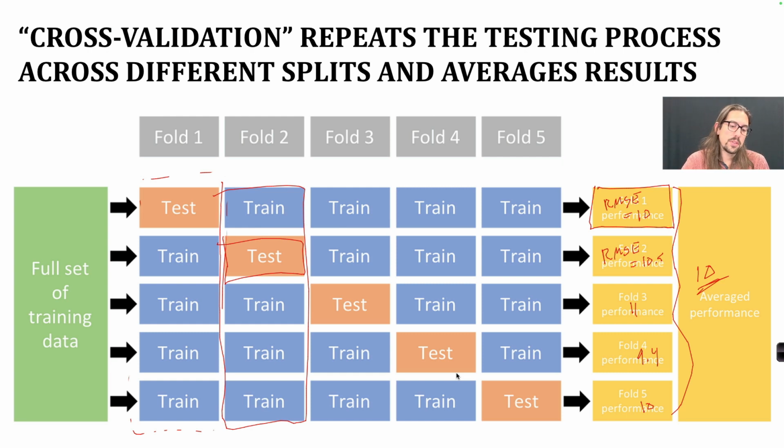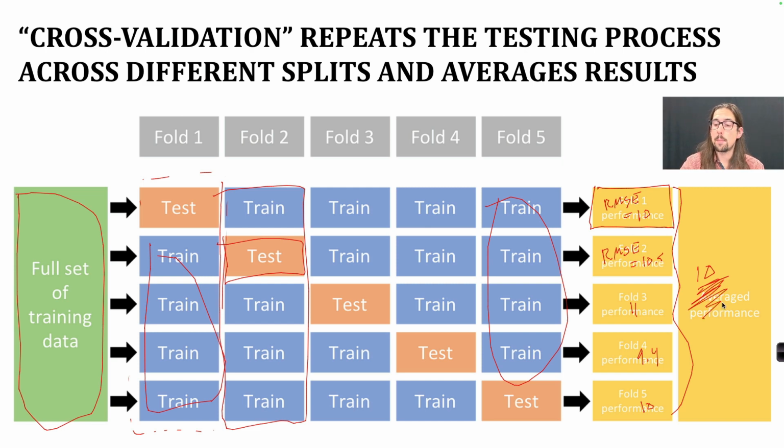Of course, the thing is that here you actually have 5 different models, right? Again with linear regression, you might imagine this is one set of coefficients that you get when you use this training data. Here you have a different set of coefficients. Here a different set of coefficients. So which model do you use? Well, none of them. You're actually going to retrain using all of the data as the training set. And that model you will never evaluate because you have no test data left. You used all the data for it.